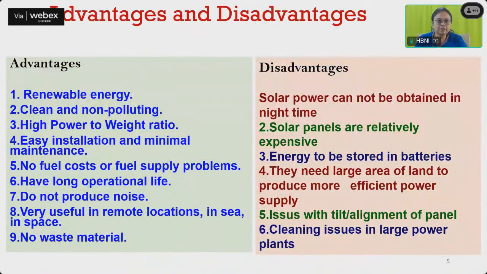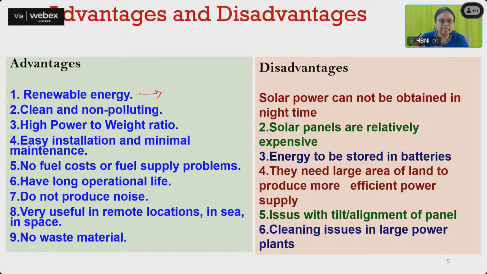So what are the advantages of the solar cell? First, like I told you, this is renewable energy. The sun is the perpetual and most abundant source of energy on our planet Earth. If we can convert that energy to useful electricity, nothing is better.